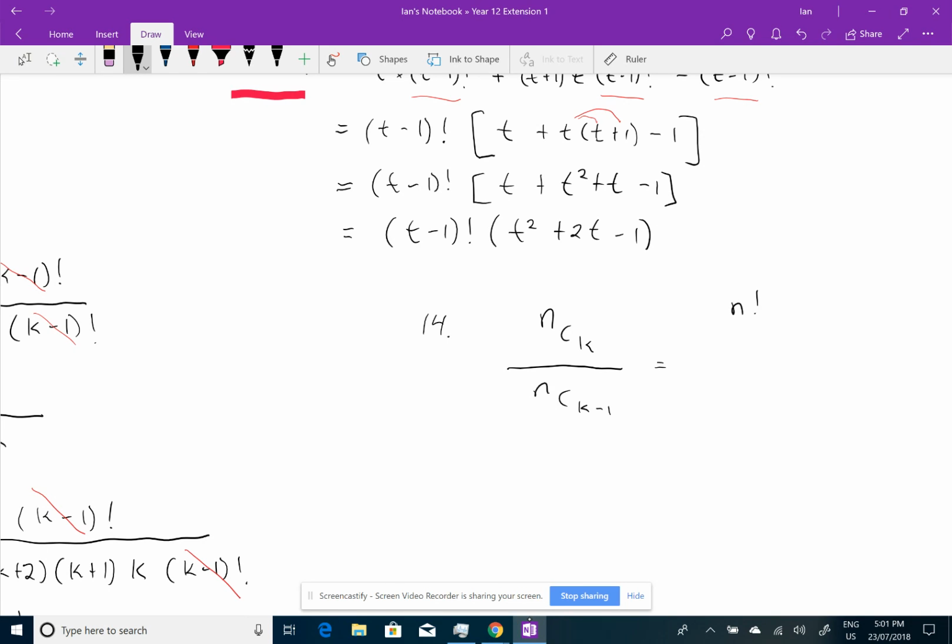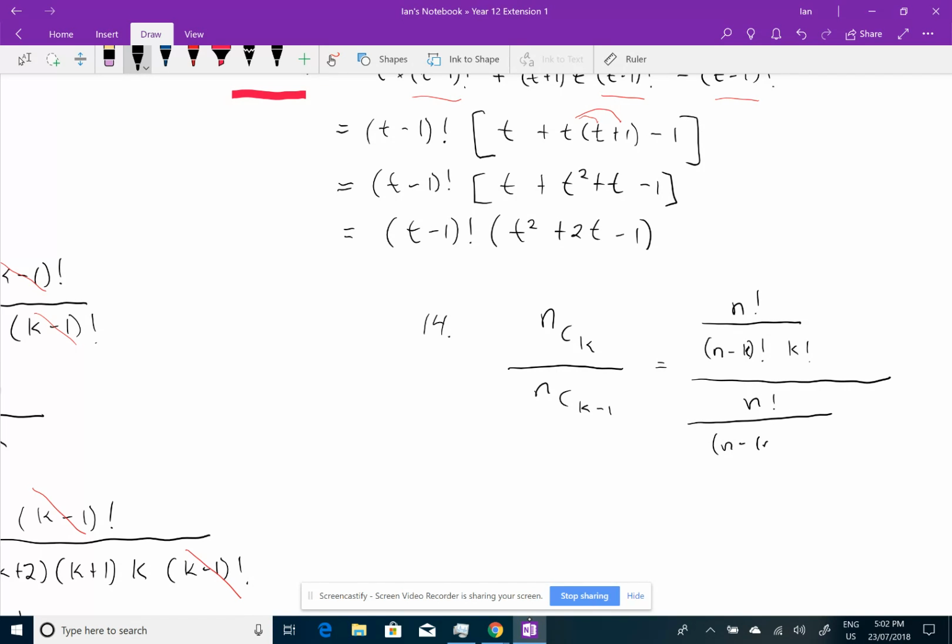Well, nCk is n factorial over n minus k factorial times k factorial, and then we've got n factorial over n minus k minus 1 factorial times k minus 1 factorial. I'll fix that up.